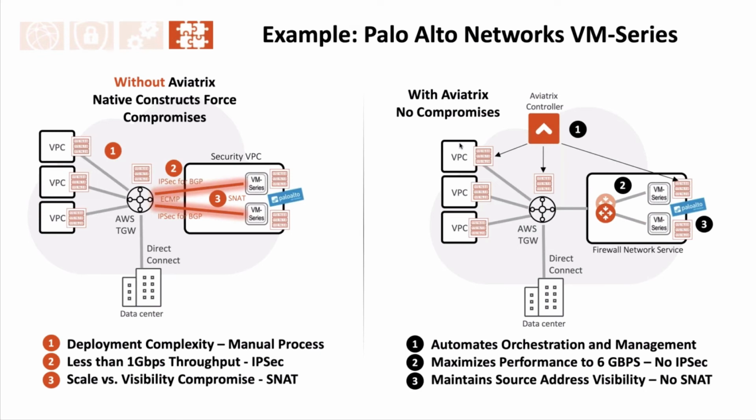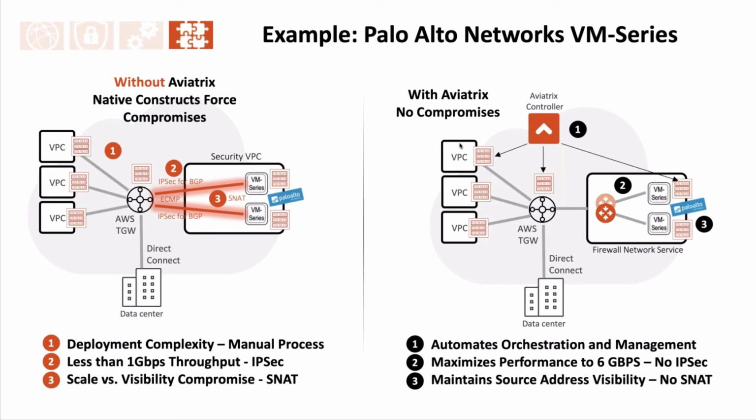So on the right side, you can see as you implement Aviatrix in this picture, you now leverage the Aviatrix controller to do all of the orchestration and management. So we're propagating all the routes automatically. So this greatly simplifies the deployment complexity. We maximize the performance of the VM series by eliminating the need for the IPsec tunnel, and therefore we can get 6 gigabits per second to each one of the VM series.